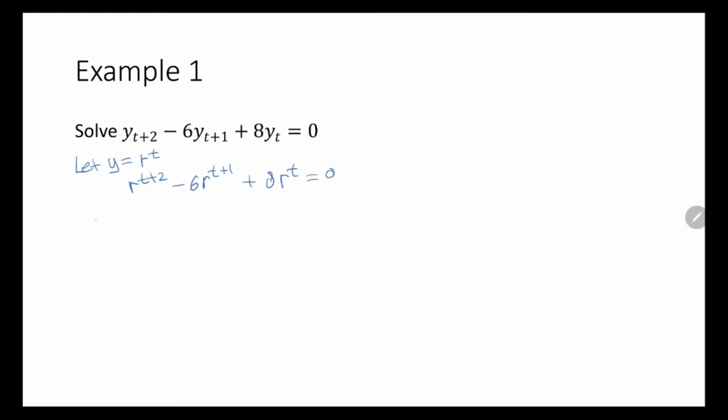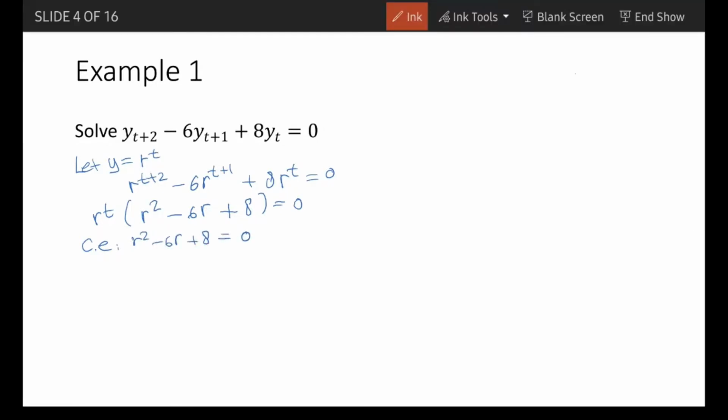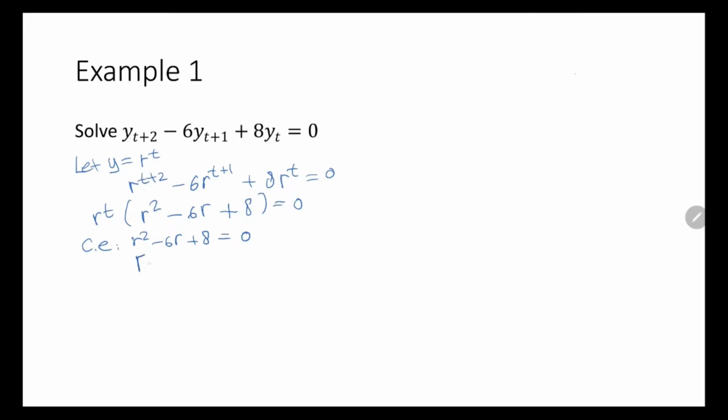So we can take out the r to the power of t, and it becomes r squared minus 6r plus 8 equal to 0. This is the characteristic equation. To find the roots of this equation, of course, we have to factorize it, and it is going to be (r minus 2)(r minus 4), right?